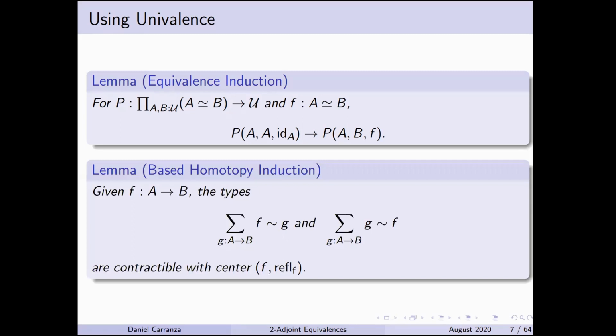And so here we're just saying that the same thing holds for homotopies as well. This comes to us from function extensionality, because a homotopy between f and g is equivalent to a path between f and g. So this lemma essentially packages all of our uses of function extensionality for us, which is kind of important.